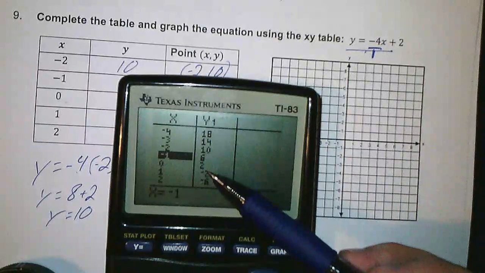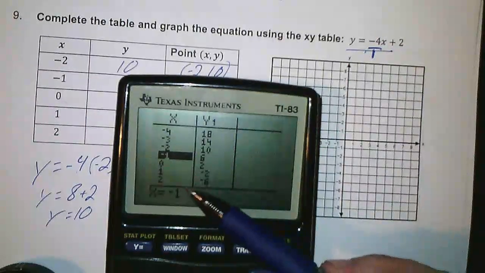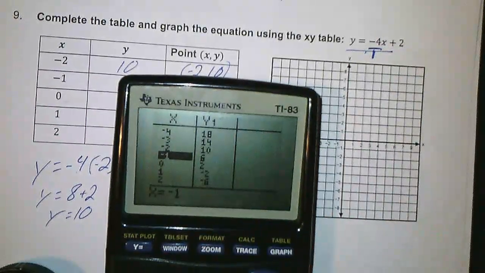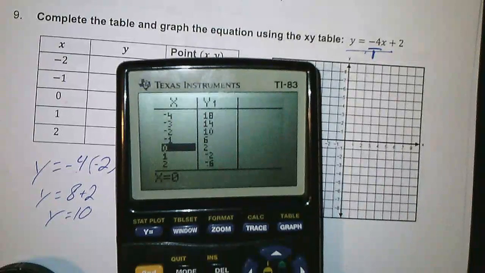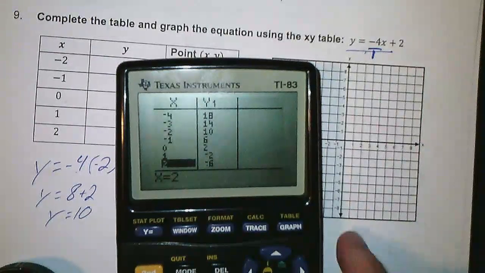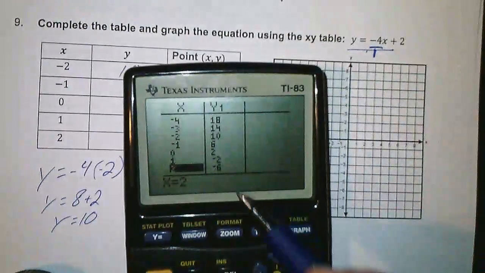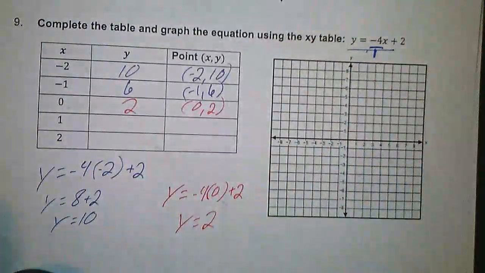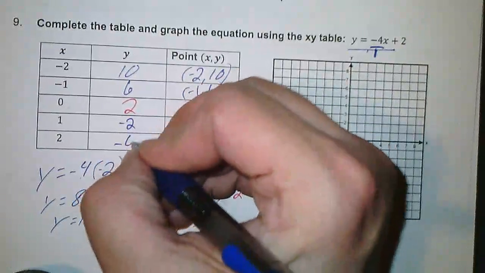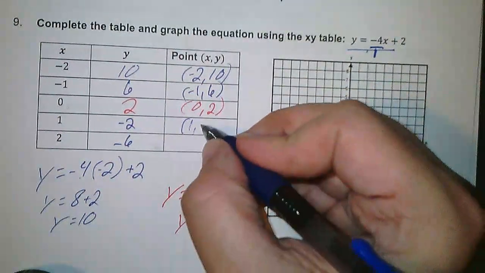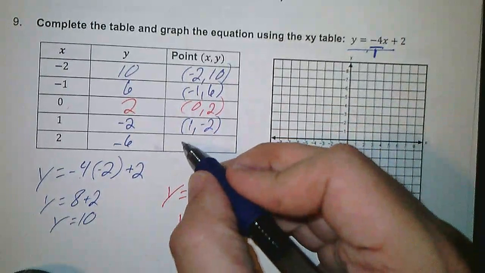We plug that in. So we can use the table to find our values here as well. And if you're comfortable using the graphing calculator, that's probably how you will do this problem. That's -6 when x is 2. So there's a couple of ways that you can do this.